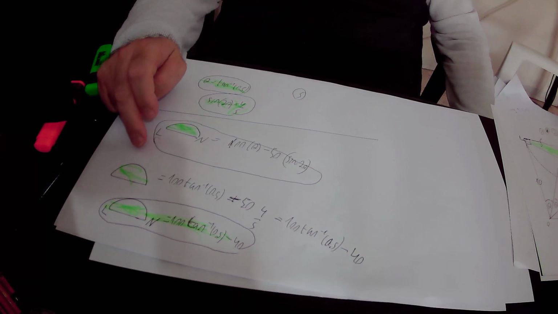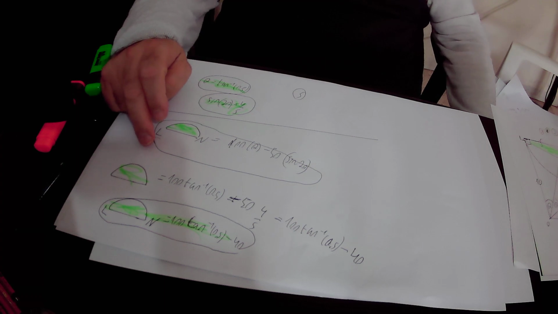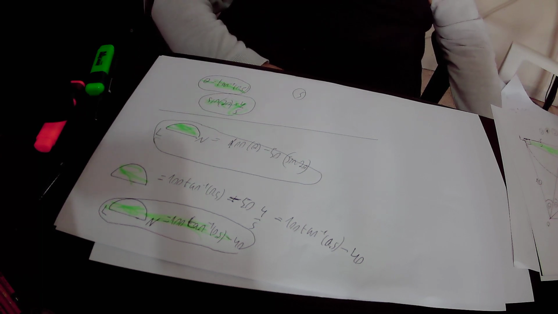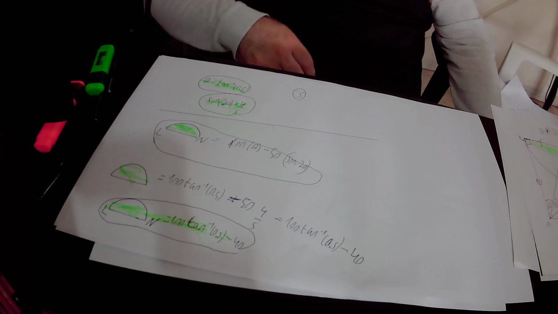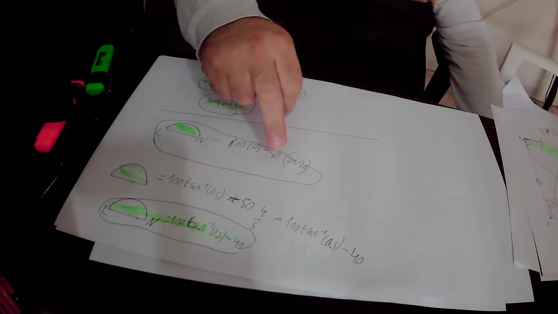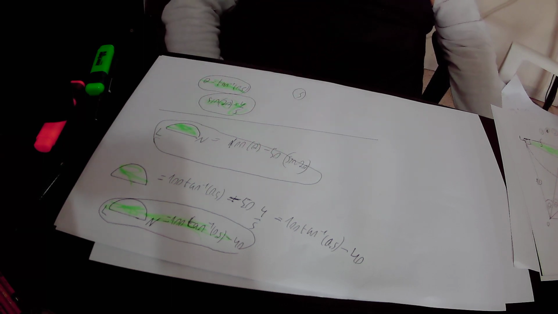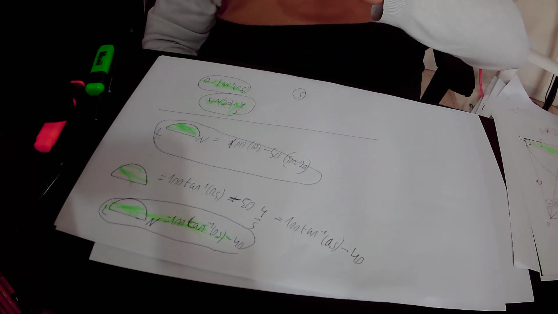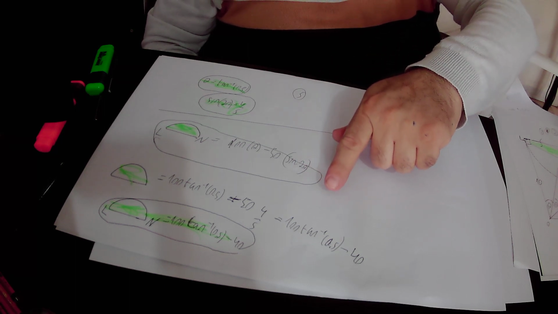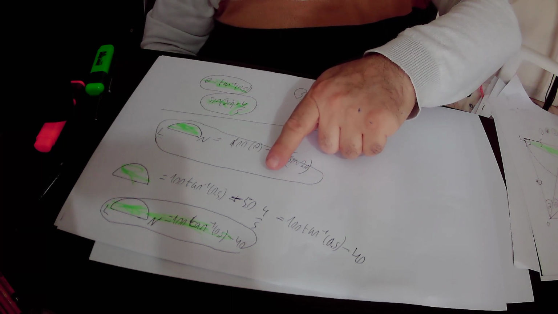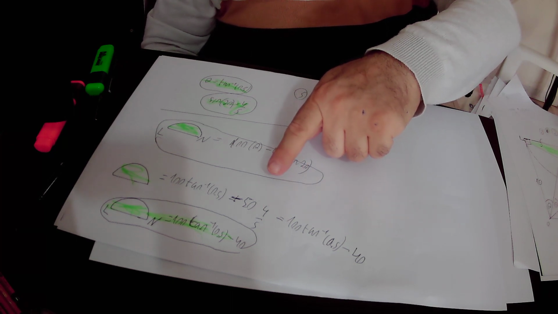We did it, and we got that the area of this circular segment, the upper circular segment of the big lens, equals 100 times theta, and theta equals tangent inverse of 0.5, minus 50 times sine 2 theta, but sine 2 theta equals 4/5, so we substitute sine 2 theta by 4/5. So in conclusion, the area of the upper circular segment of the big lens equals 100 times tangent inverse of 0.5, and here we have 50 over 5 is 10, and 10 times 4 is 40.